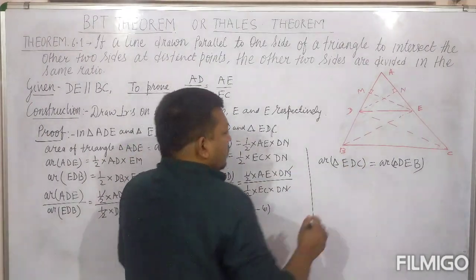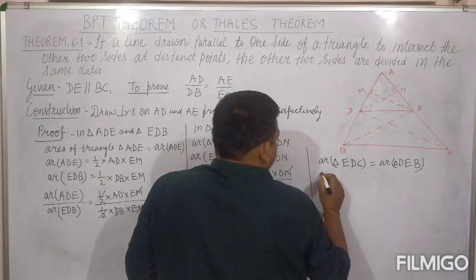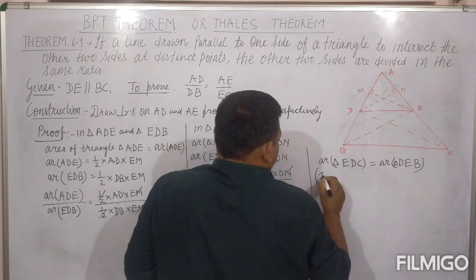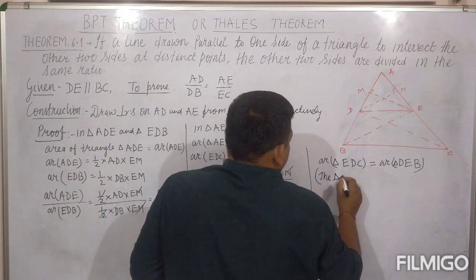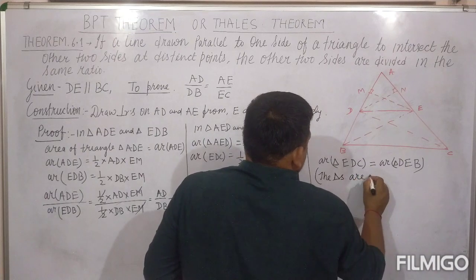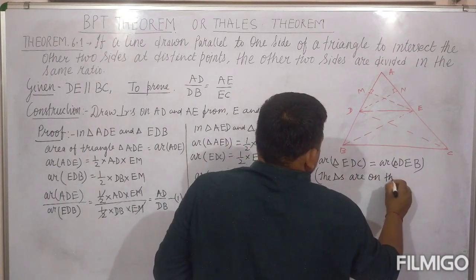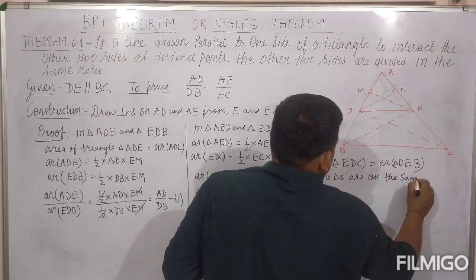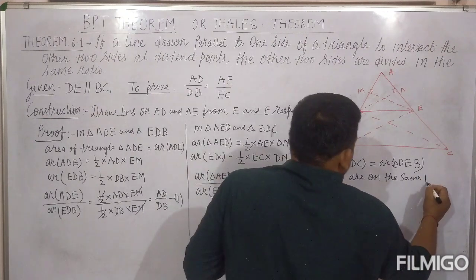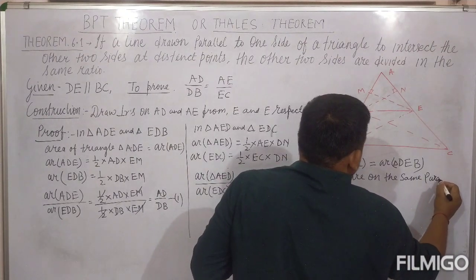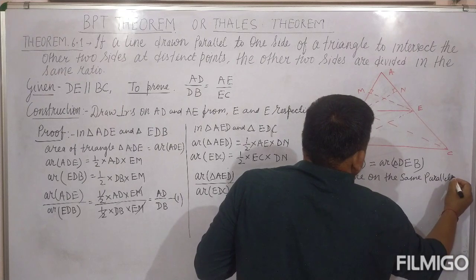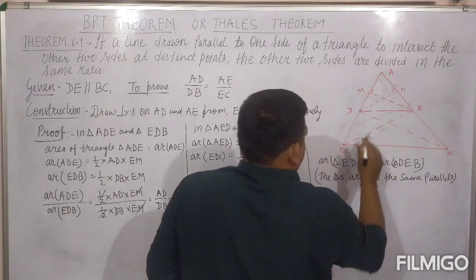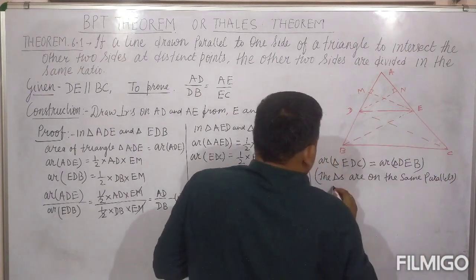It is because the triangles are on the same base and between the same parallels, that is DE and BC.